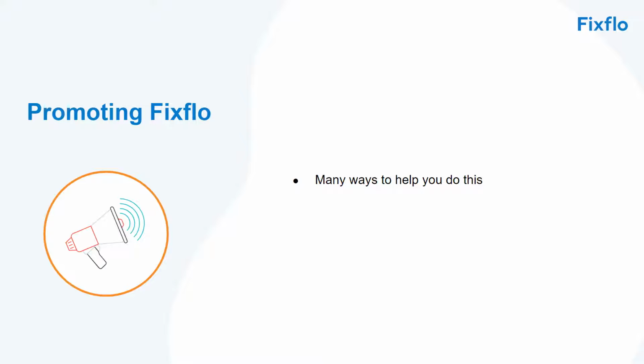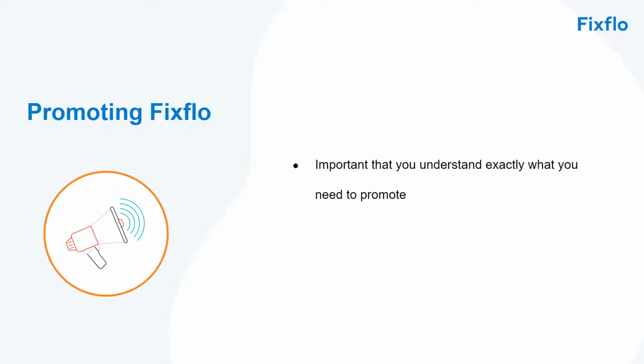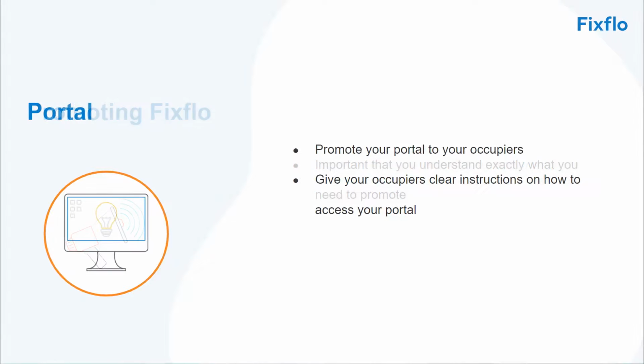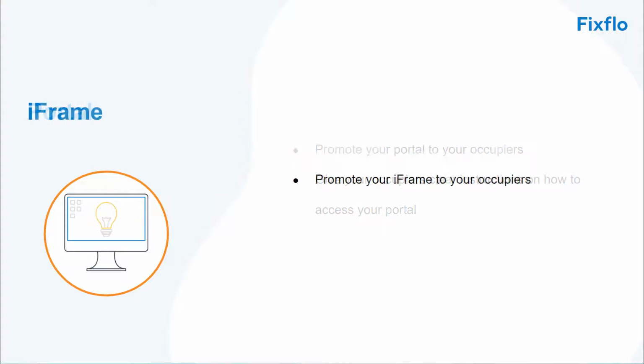Before we go through the promotion options available to you, it's important for you to understand exactly what you need to promote. If you have a portal set up which takes occupiers through to Fixflo, then you will need to ensure that you are promoting this portal to occupiers and giving your occupiers the correct instructions to get there. If you have an iframe set up, then you will need to promote that out to your occupiers.